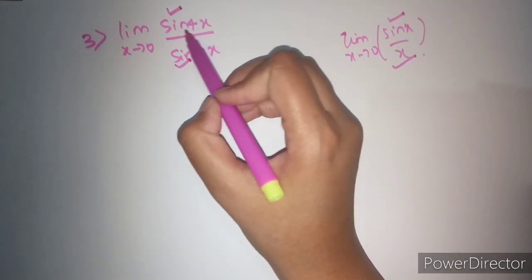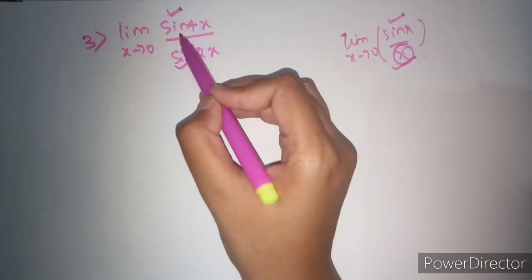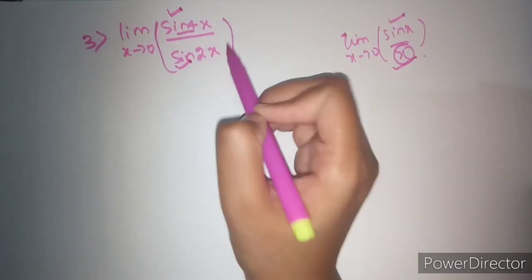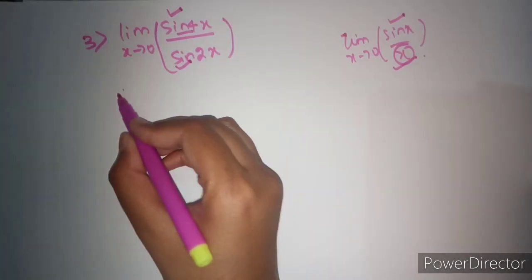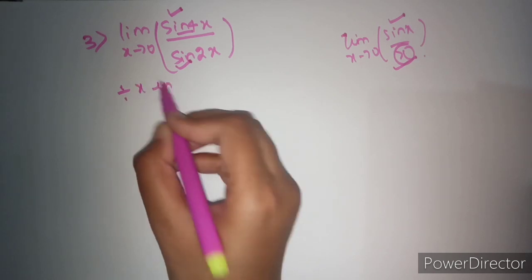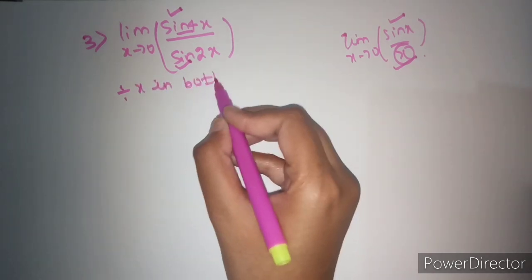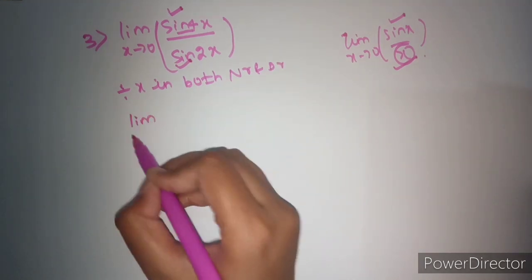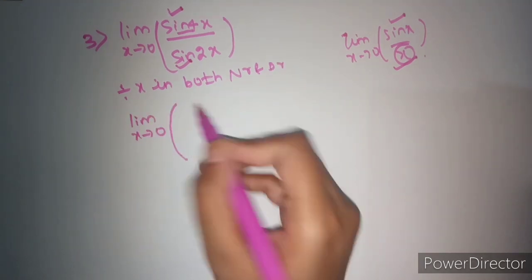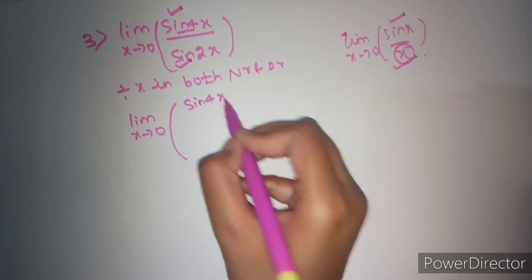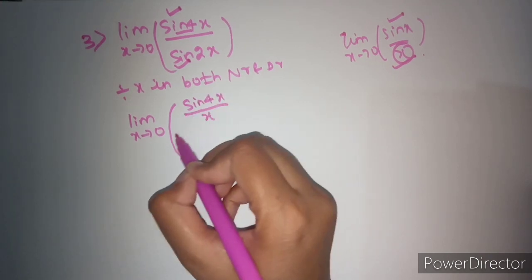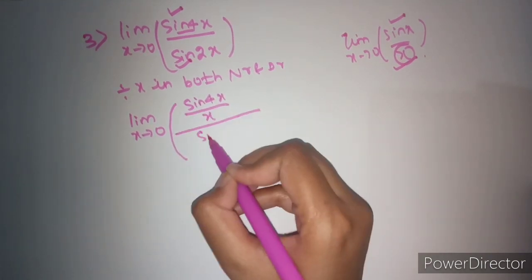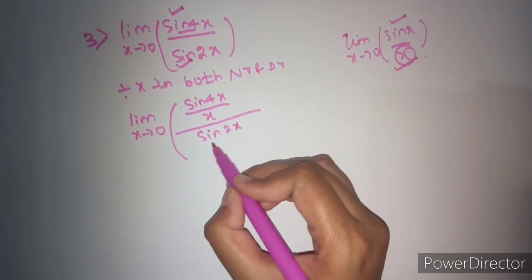In the denominator we need x, here we need x, again we need x, right? So what I am doing is dividing by x in both numerator and denominator. So limit x tends to 0, sin 4x divided by x, whole divided by sin 2x by x.